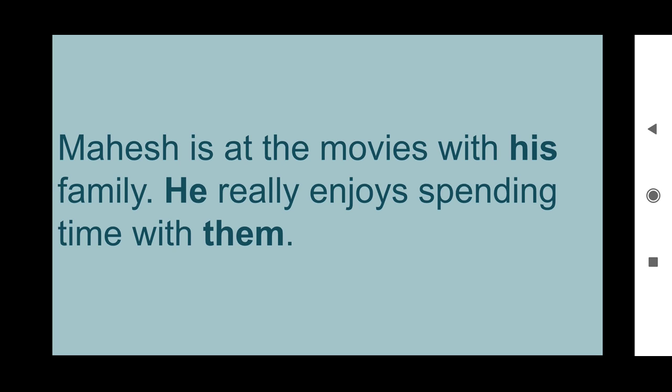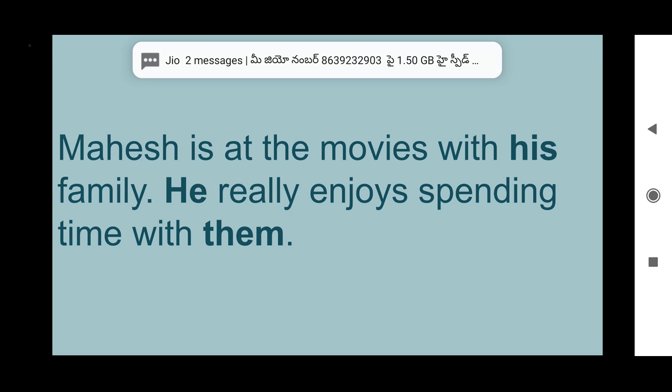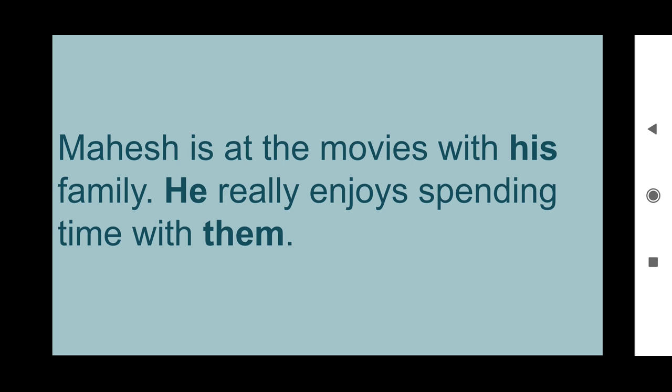There are 3 pronouns there: his, he, and them. Did you get all of those? Now I want you to notice that the pronoun he is in the subject position. He is the subject of the verb enjoy. Who enjoys? He enjoys. And the pronoun them is in the object position. Here, them is an objective pronoun.